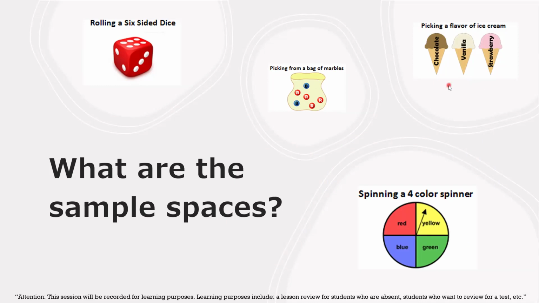If we're picking a flavor of ice cream, and these are the only choices we have, well, our outcomes would be chocolate, vanilla, strawberry. So if we group all of those outcomes together, that's what makes up our sample space: chocolate, vanilla, and strawberry. And then lastly, if we look at this spinner down here, our sample space would be all of those sections. We have red, yellow, blue, and green. That is our sample space. Those are the four possible outcomes and options that we could have.